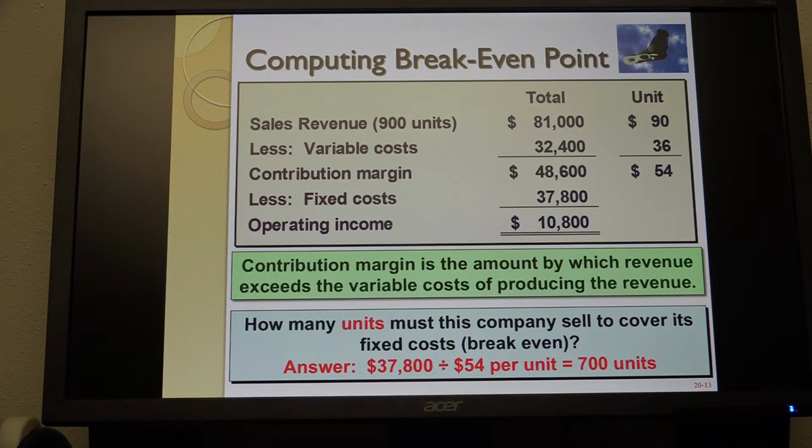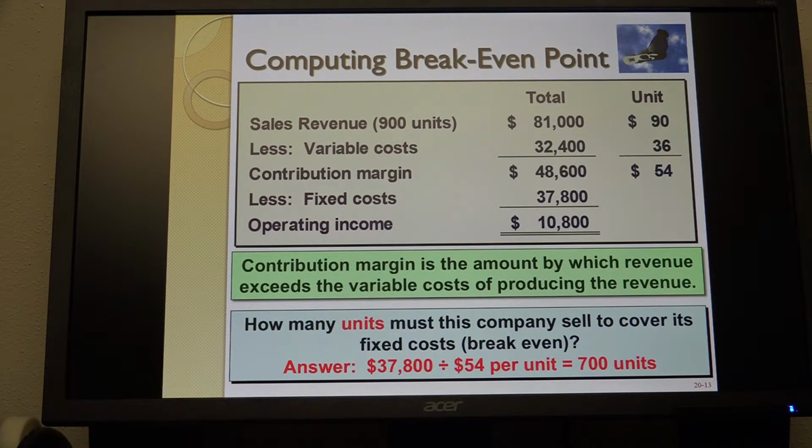And so to define contribution margin, it's the amount by which revenue exceeds the variable cost of producing the revenue. All right, so how many units must the company sell to cover its fixed costs to break even? Well, that would be where contribution margin is the same as fixed cost.